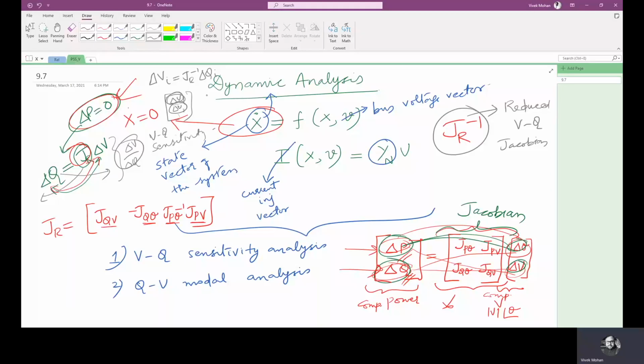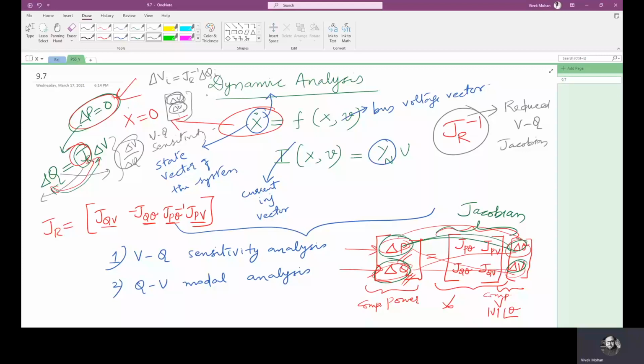But if there is drastic sensitivity, then it's more of an unstable operation. It's not unstable, but it's less stable. Now, as stability decreases, the magnitude of the sensitivity increases. So the VQ sensitivity increases and it becomes infinity at the stability limit.